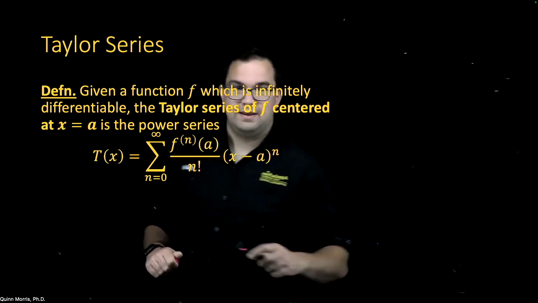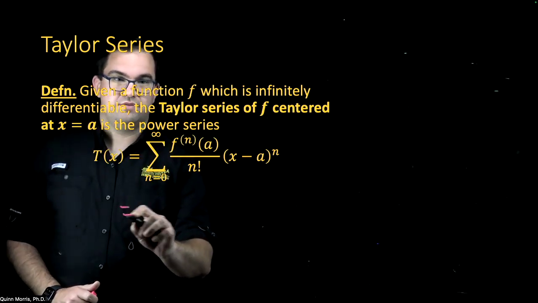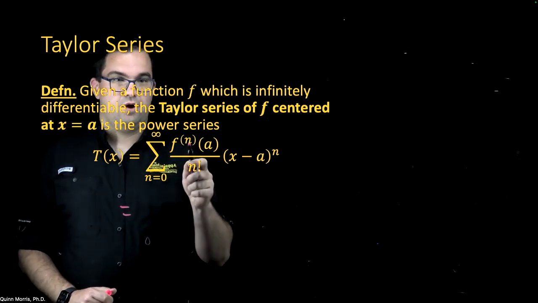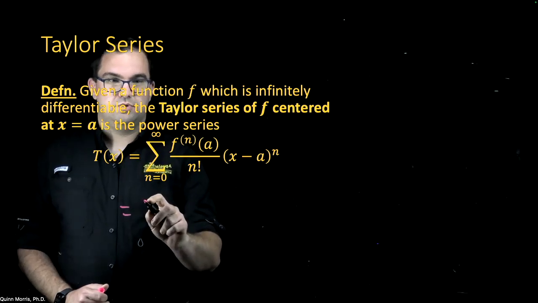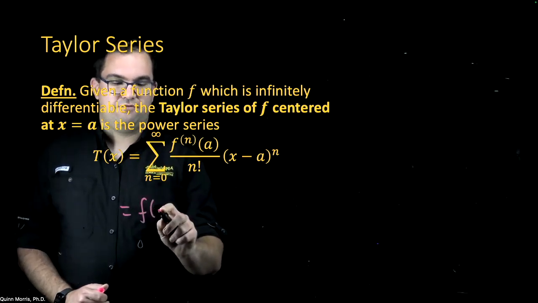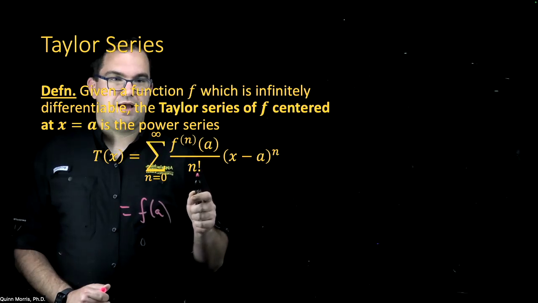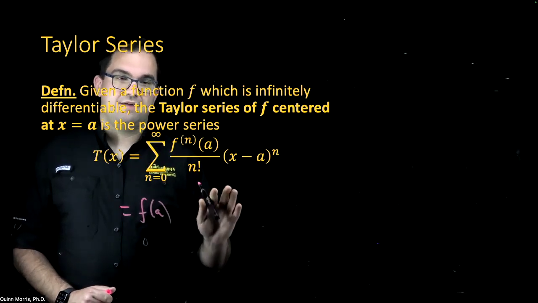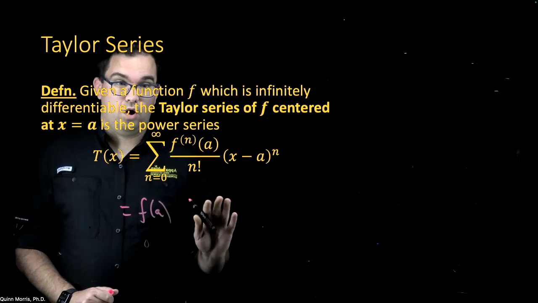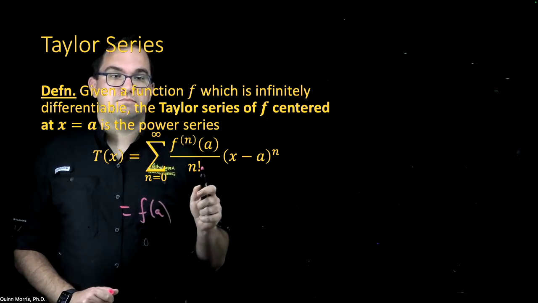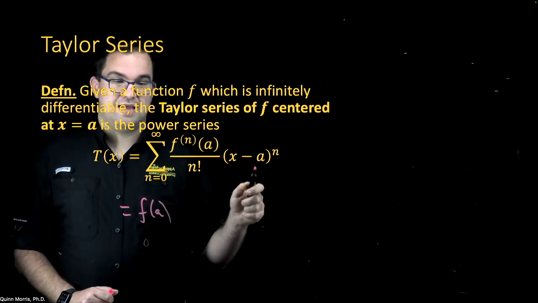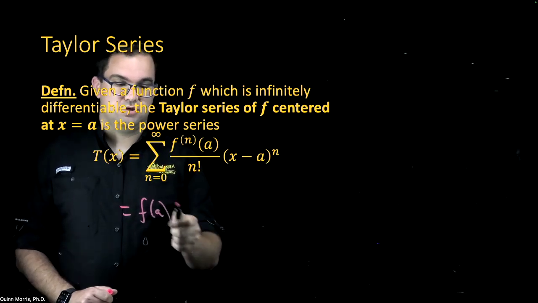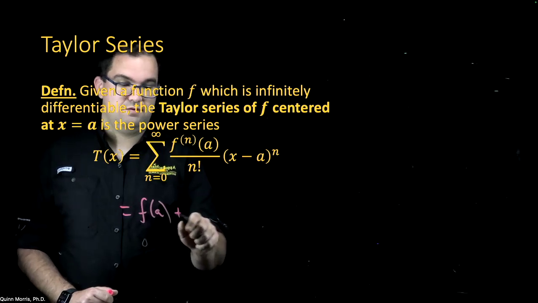So if you were to start writing out the first few terms, you'd see, okay, when n is 0, the 0th derivative is just the function itself. So you would just get f of a divided by 0 factorial. By definition, 0 factorial is 1. So you get f of a divided by 1 times (x minus a) to the 0, which would just be 1. So when n is 0, you just get f of a.